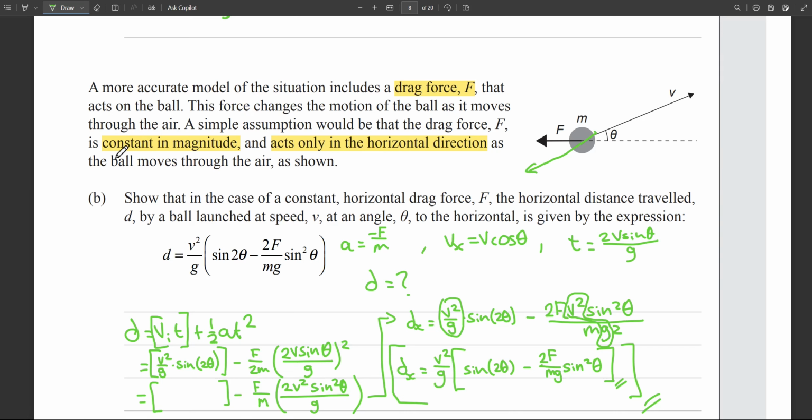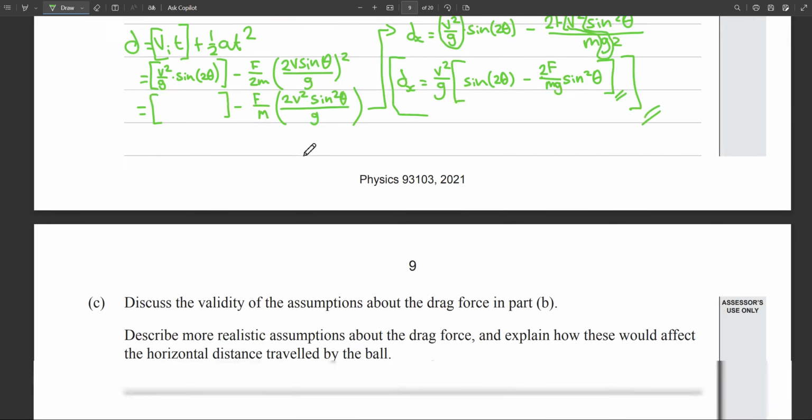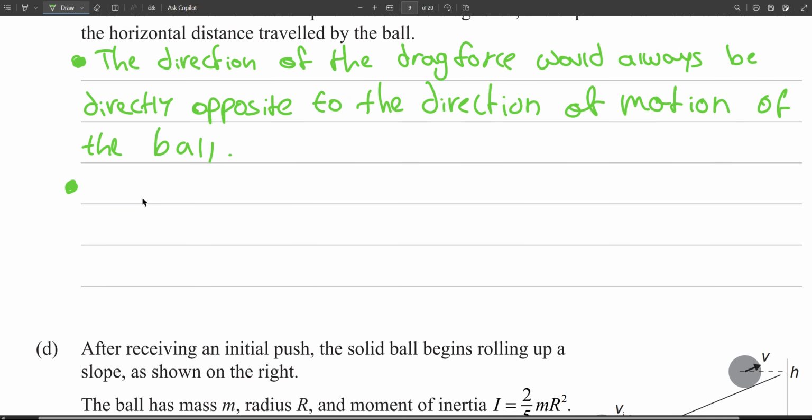The next thing I picked up on was that they assumed the drag force is constant in magnitude. However, in reality, this drag force F would be proportional to the velocity of the ball.